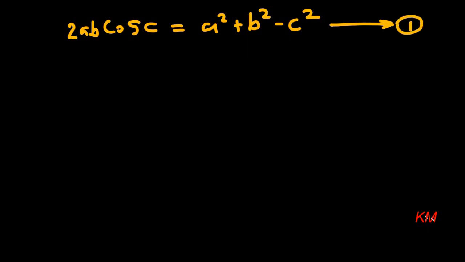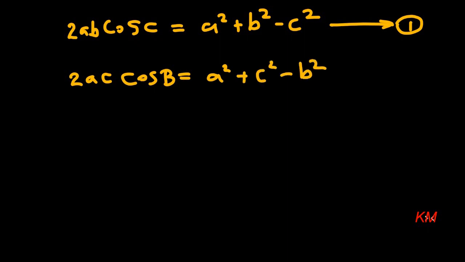And we can write down a similar expression for cos B. So it should be 2ac cos B equals a square plus c square minus b square. That is our equation number 2.